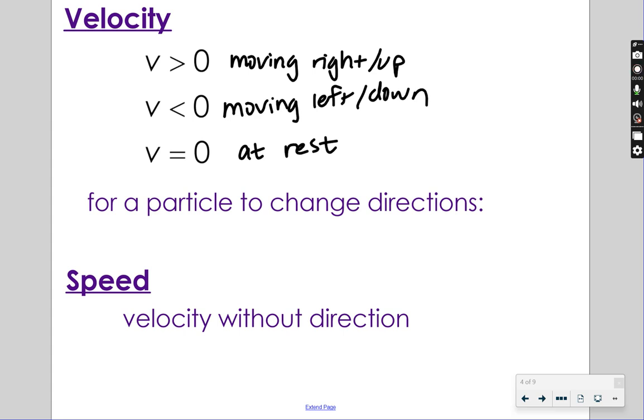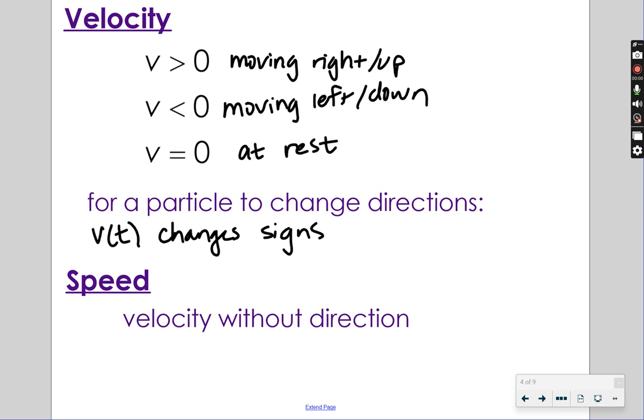For a particle to change directions, v of t changes signs. That's kind of like our functions. If we went from increasing to decreasing at that relative max, the velocity is 0, the slope is 0. Speed is velocity without direction.